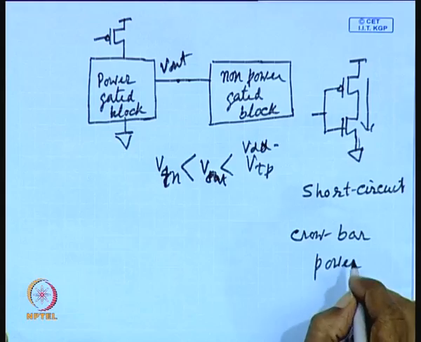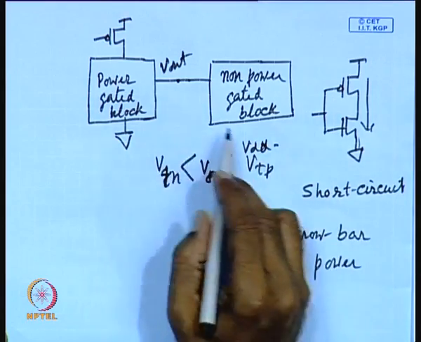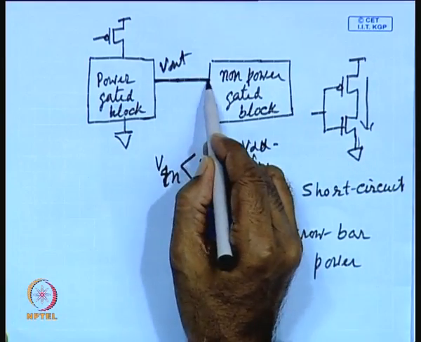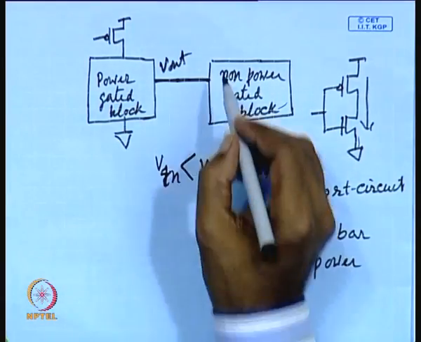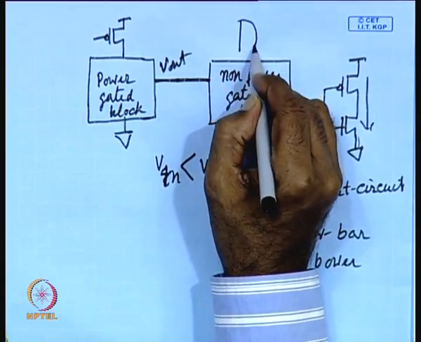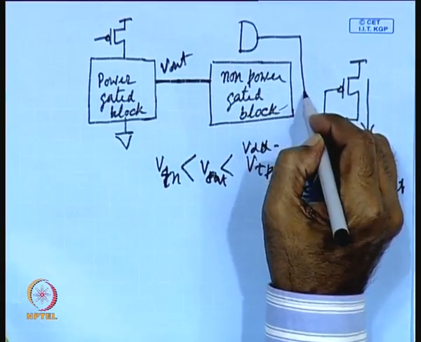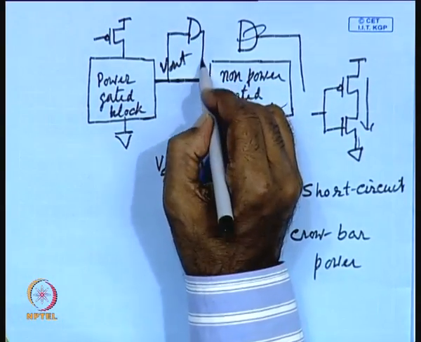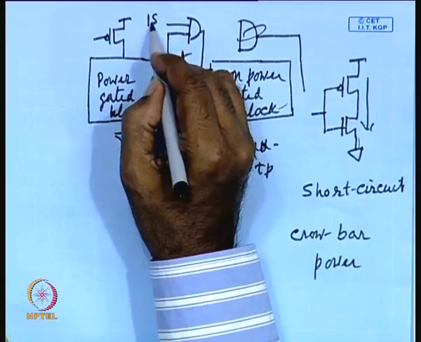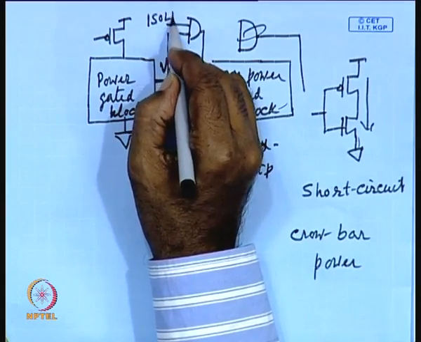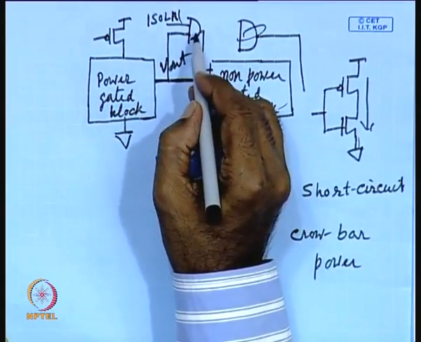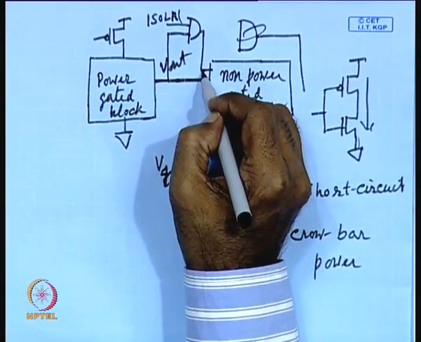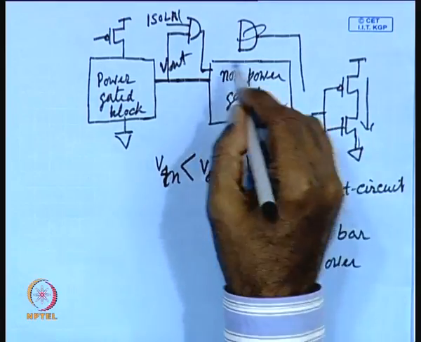So, this is the situation, and that is the reason why this output is isolated with the help of suitable hardware. So, we will put an AND gate here, this will go there and this will come here, and the isolation signal will be applied here, so that whenever this is isolated, this will be clamped to low level, so that it does not disturb this part of the circuit.